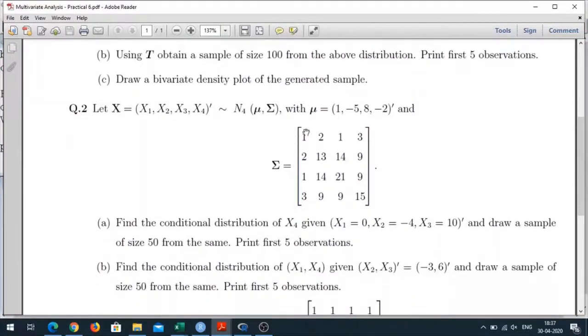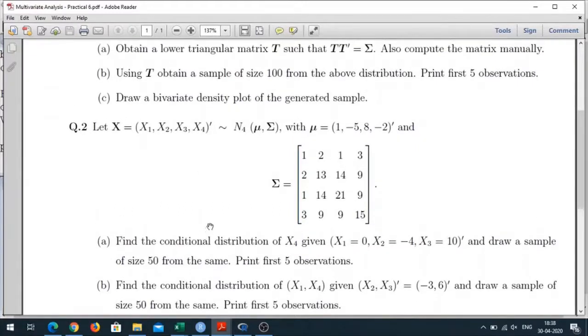In question 2, we have to find conditional distribution of x4 given this. Now actually this is not at all a difficult exercise. We already have formula for conditional mean and conditional variance with us. We have to just code that formula in R. So create x1 as this, mu1 as consisting of means of these three components, mu2 maybe mean of this component, similarly sigma 11, sigma 12, sigma 22 and so on.